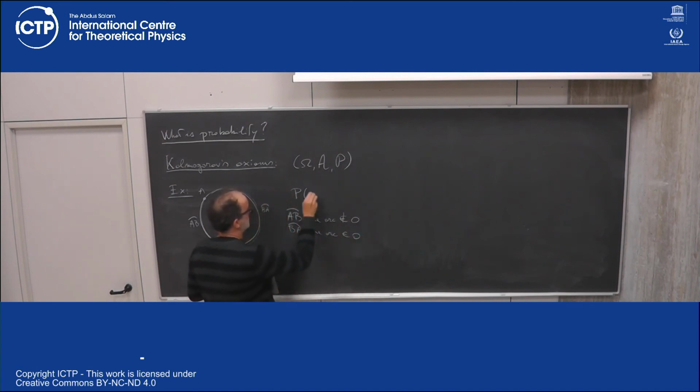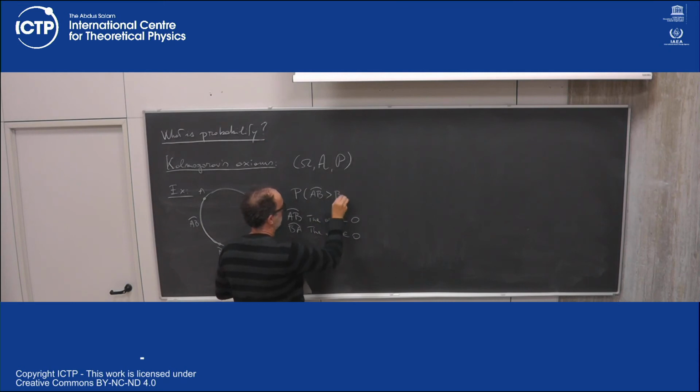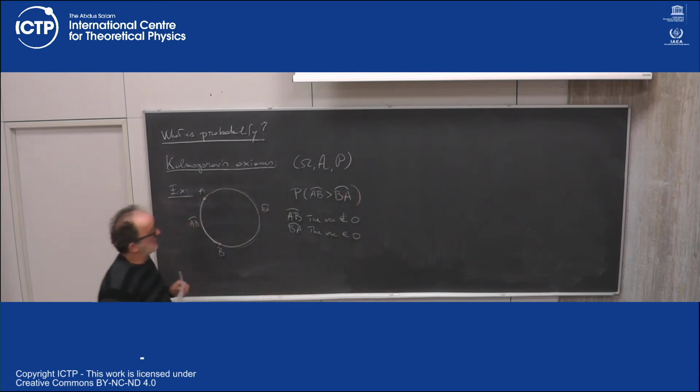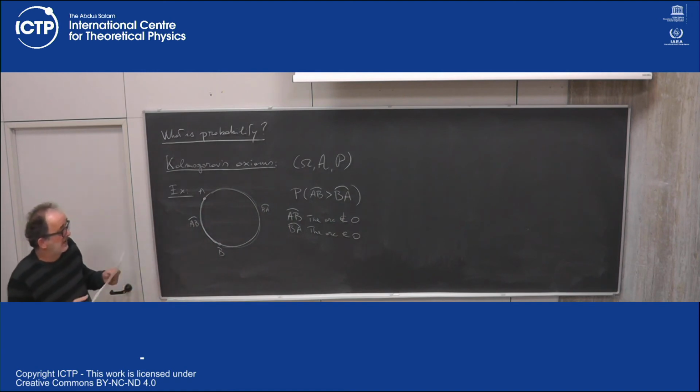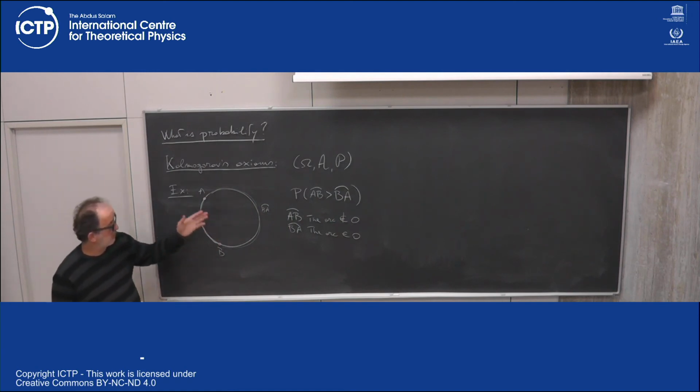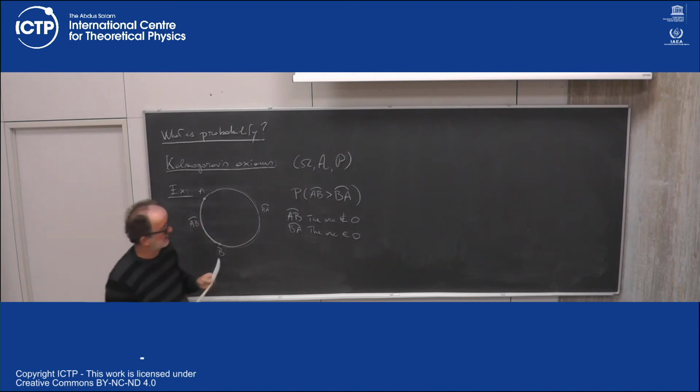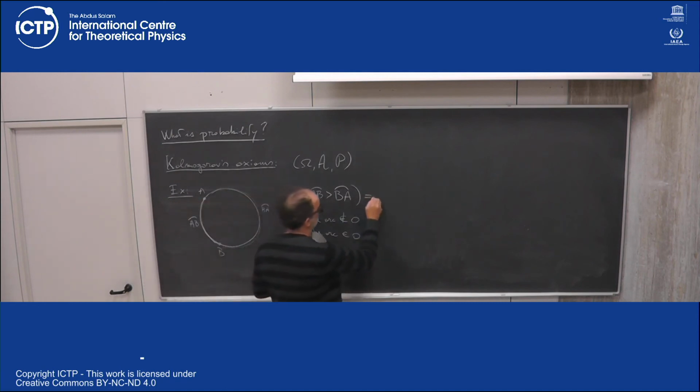So what is the probability that AB is larger than BA? Well, you will say, I've chosen these 2 points at random, so there is no reason why this arc should be larger than that other arc, so this should be 1/2, okay?